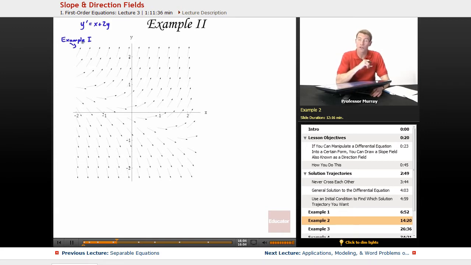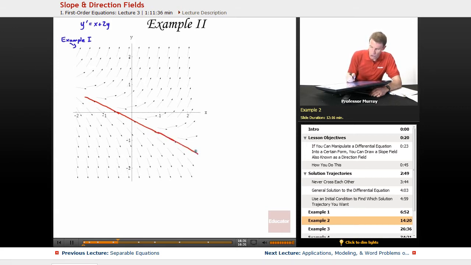What I'm going to do is draw some solution trajectories here, which really means I'm going to go through and connect the dots, except that the curves I draw have to be parallel to these little slope marks everywhere I draw them. So I'm going to draw these solution trajectories in red here. I see that there's kind of a dividing line here. If I just follow those straight arrows right there, I get one solution trajectory.